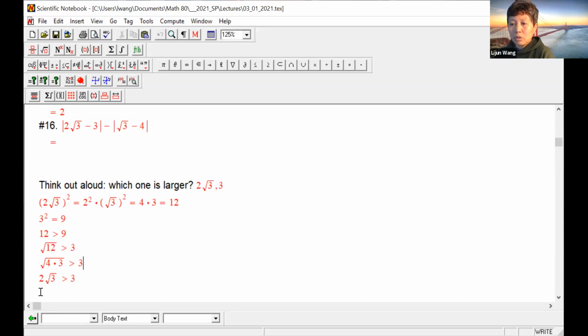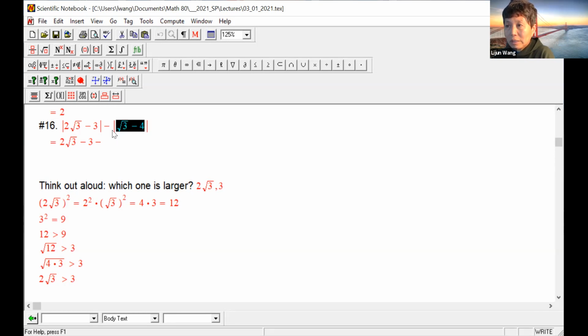Okay, so 2 times root 3 is larger than 3. So this number is larger than that number. So this is a positive number. The absolute value of a positive number is the same as the number. Minus. Root 3 obviously is less than 4. So root 3 minus 4 is going to be a negative number. And the absolute value of a negative number is its opposite.